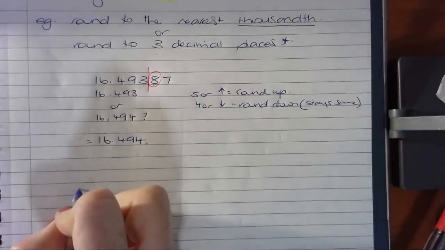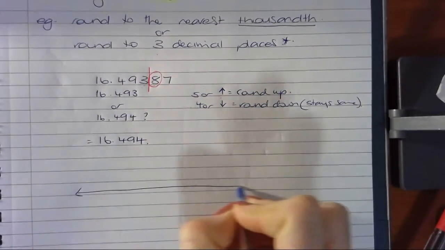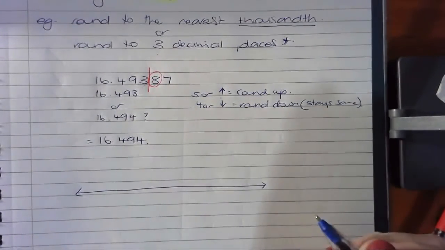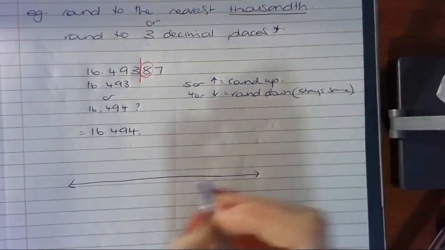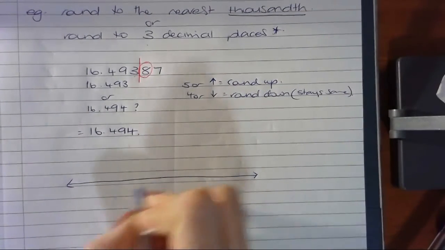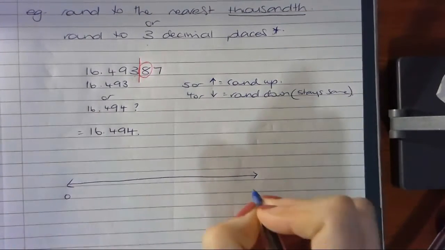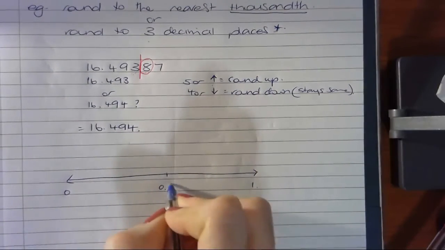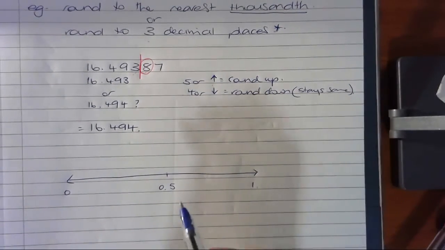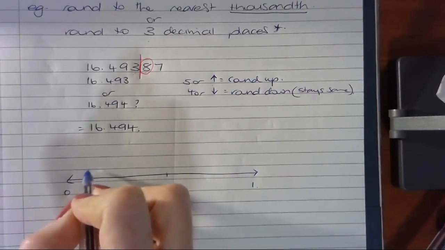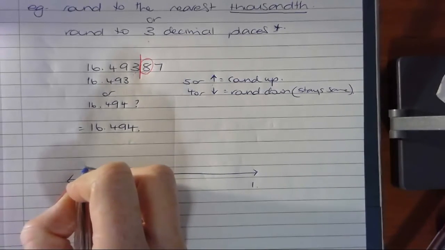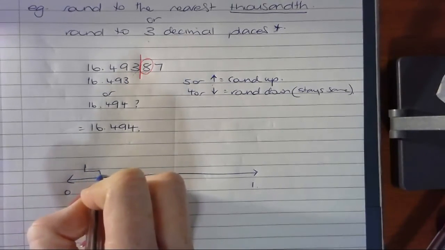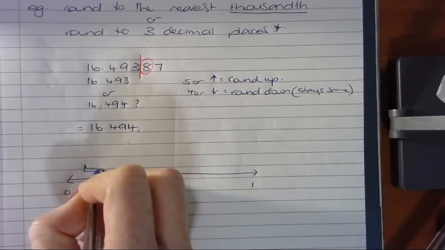Okay. So another analogy, one of the students in my class gave me, shout out to Jaden, thank you for this. If we had a number line and we imagined that this was a plane journey, and let's say we've got 0 and 1, for example, 0.5 would be the halfway point. If we had a plane, let's see if I can draw a plane, like this, I think. Oh, not bad.